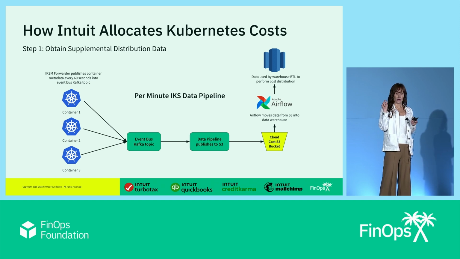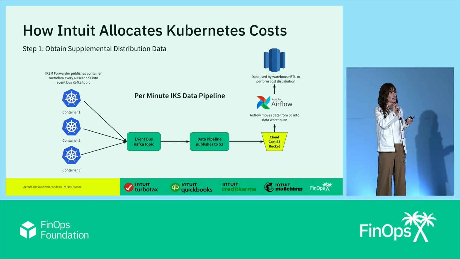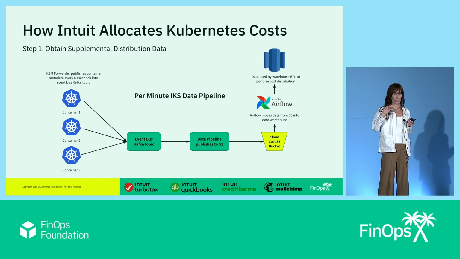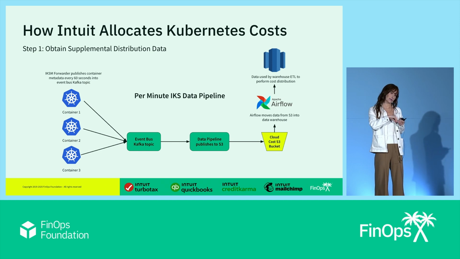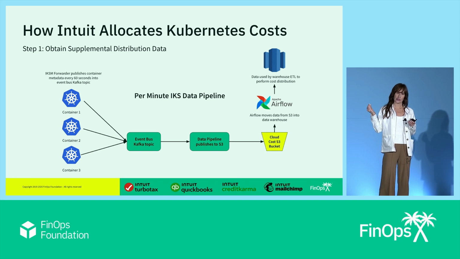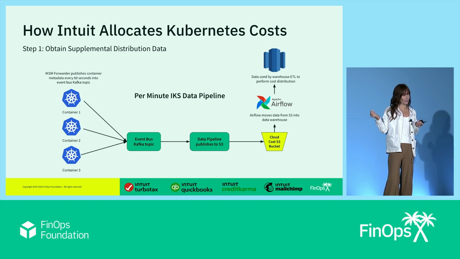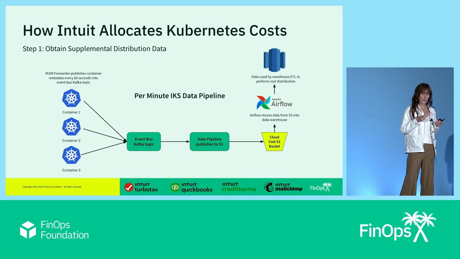From there, our data pipeline processes the stream and pushes aggregated formatted data into S3. And from there, Airflow orchestrates the movement of data from S3 to our data warehouse, and we specifically use Redshift. And now the data is available for cost processing.